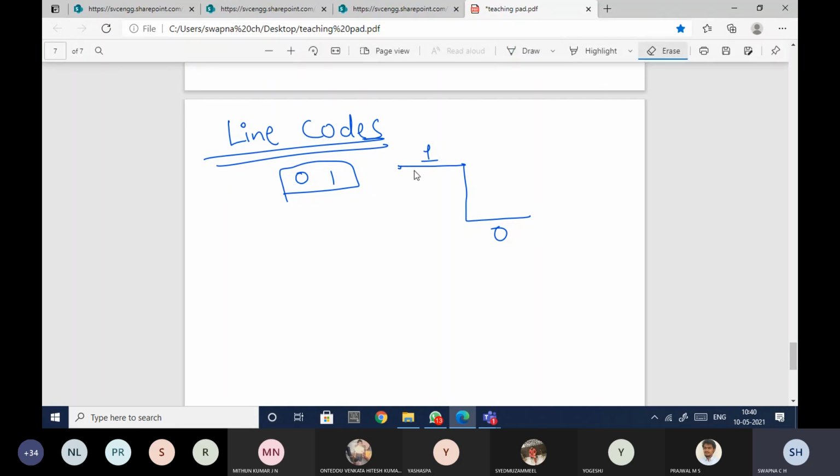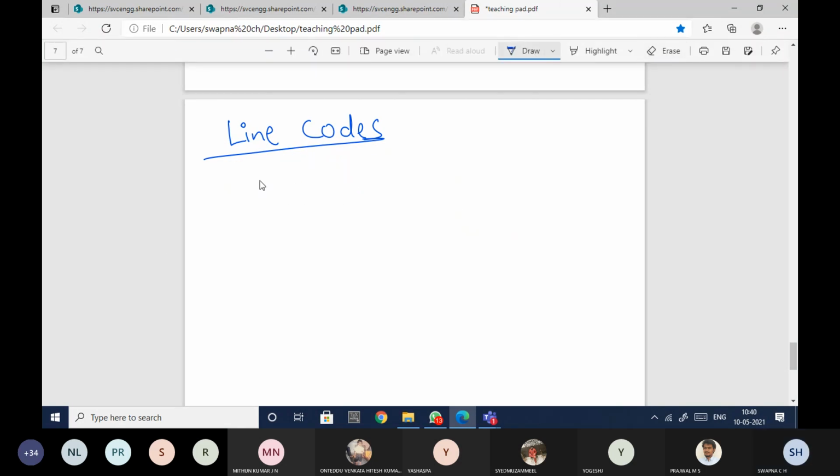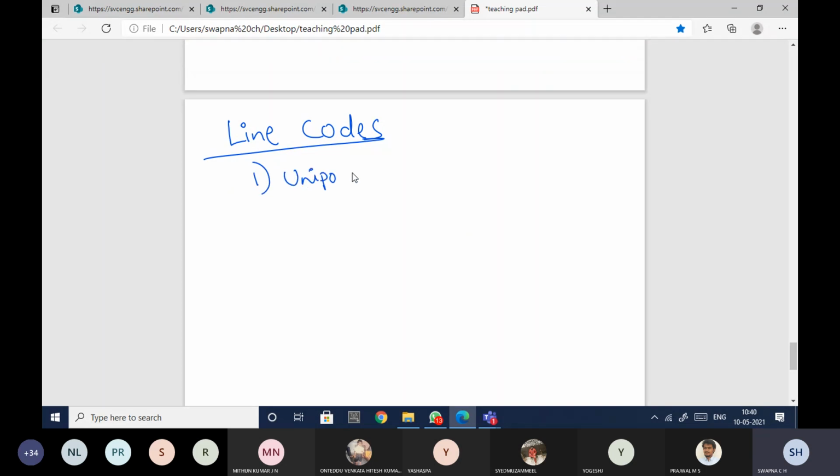All these data formats used to represent the digital data are called line codes or line coding. Line coding implies coding those zeros and ones. Whatever you're representing the zeros and ones with is said to be the line codes.